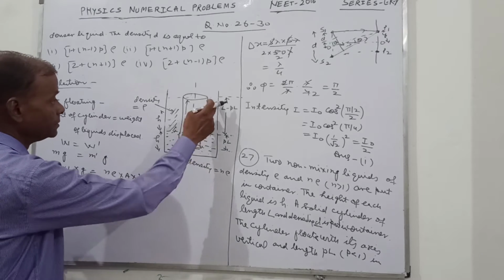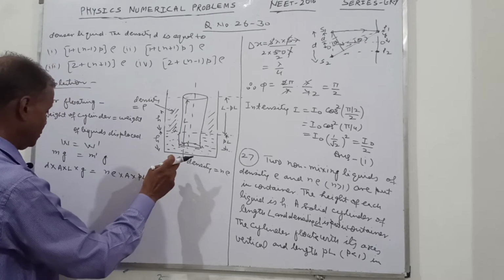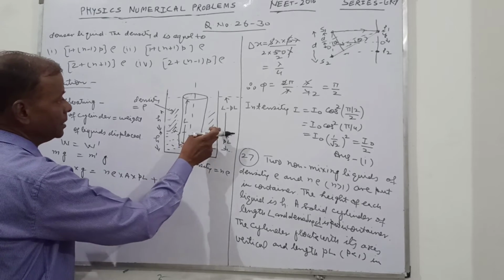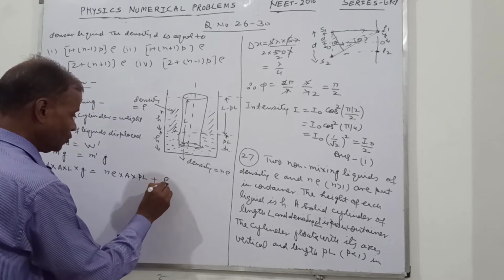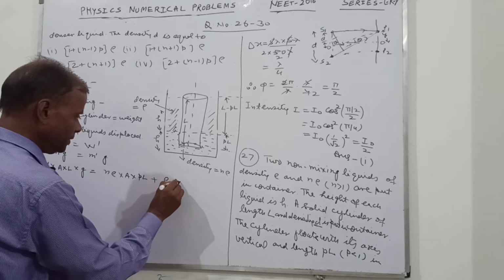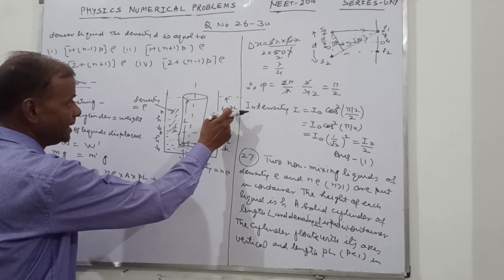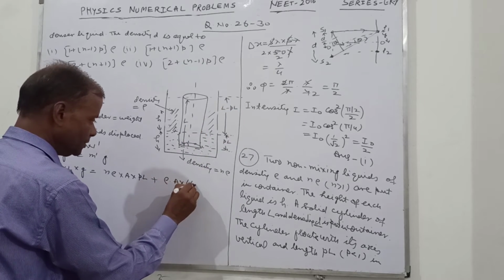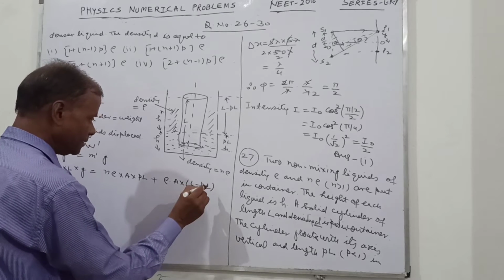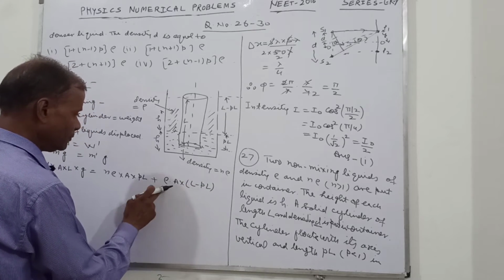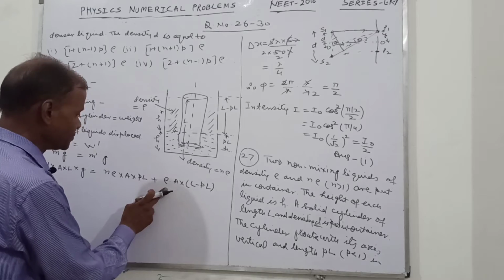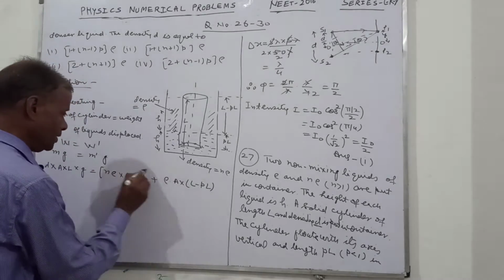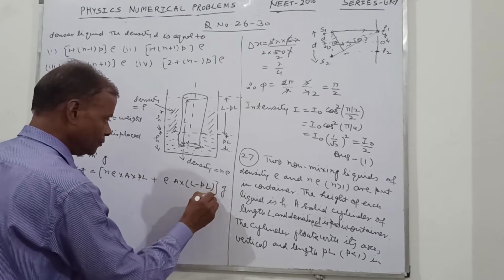And plus rho into A into the length L minus PL. This is now volume and density, so this is now mass, and then this whole is multiplied by g.